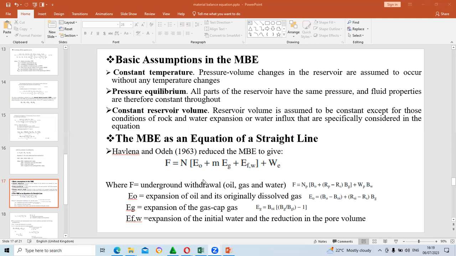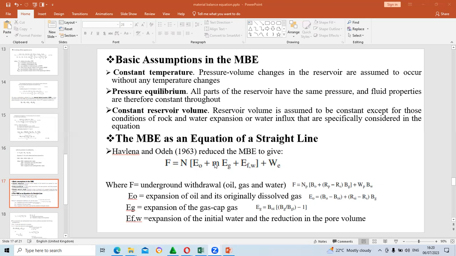If I look at this formula, there are certain things that I can already be eliminating. If there was no initial gas cap at the beginning, it means that the value of M is 0. Remember, the value of M is the amount of gas at the beginning divided by the amount of oil at the beginning. So if the amount of gas is 0, that means we are talking about an undersaturated reservoir, then M is 0.